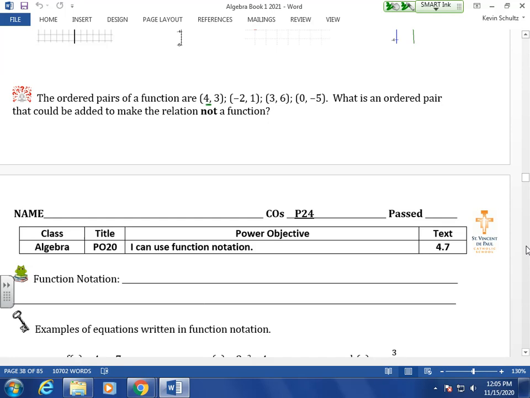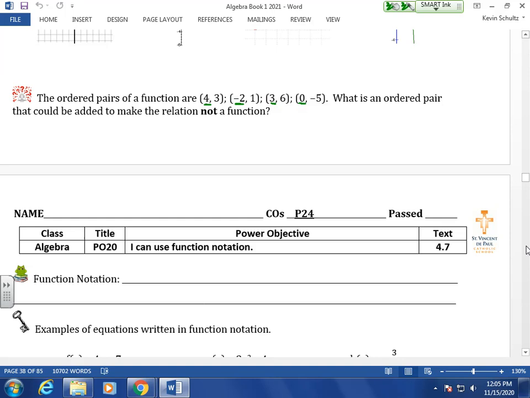So the reason why it's a function is we look at those x values and they don't repeat, right? We talked last week about how a function is a relation where every input, x, has exactly one output, y, which basically means that x can't repeat itself.